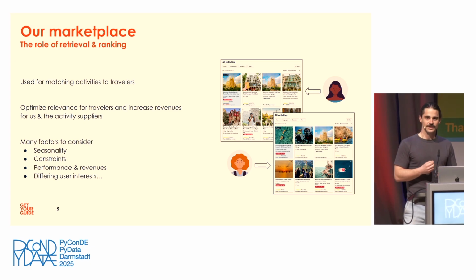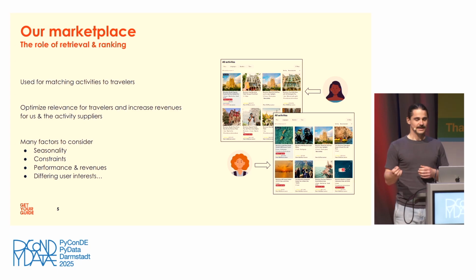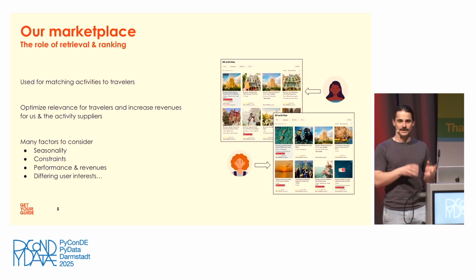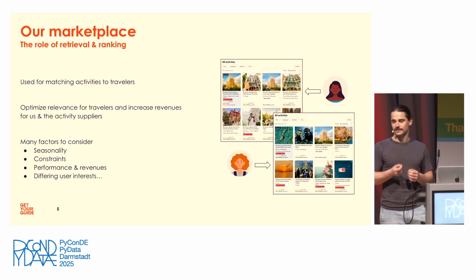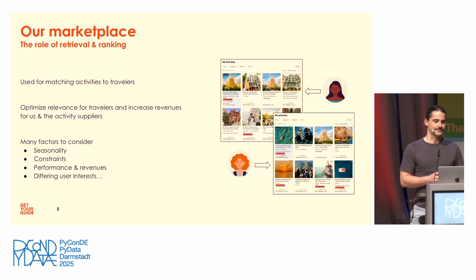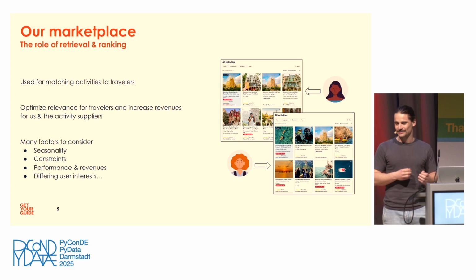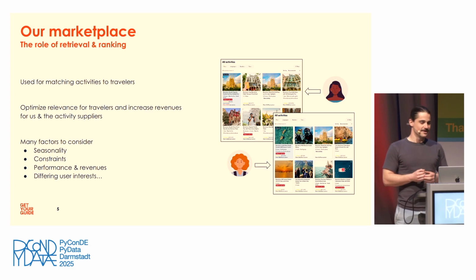We use pretty loose matching here: is the activity tagged to the location that the user is interested in? After we do this retrieval, the second step is to rank those activities in order of relevance for that user.